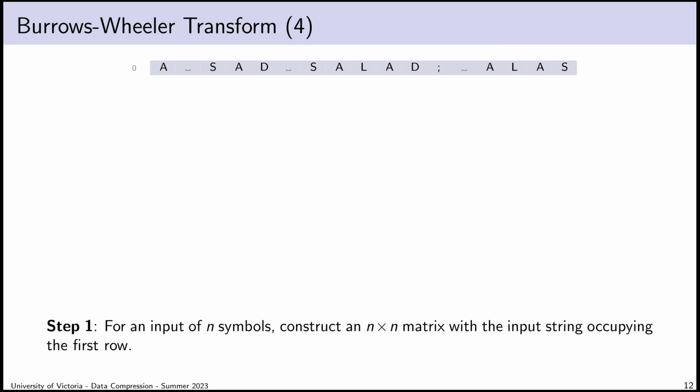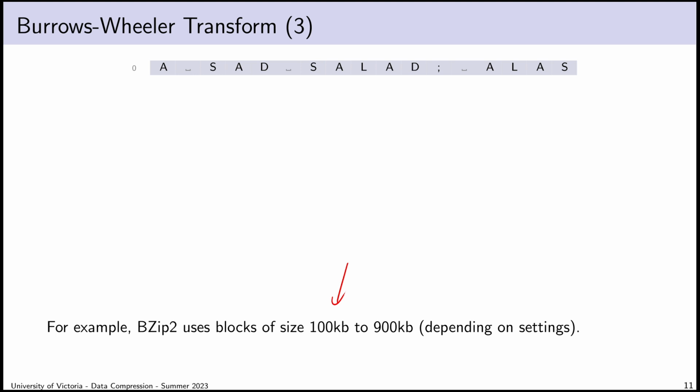The first thing I do is construct an n by n matrix of characters, and then I set the first row of that matrix to be my input string. So if I have a sequence of length n, I am already using n squared space to store this. We'll spend some time later in the lecture thinking about ways to avoid using n squared space, but for the sake of demonstrating the transformation, we need this n by n matrix. Now imagine if it's an n by n matrix where n equals 100,000, or where n equals 900,000.